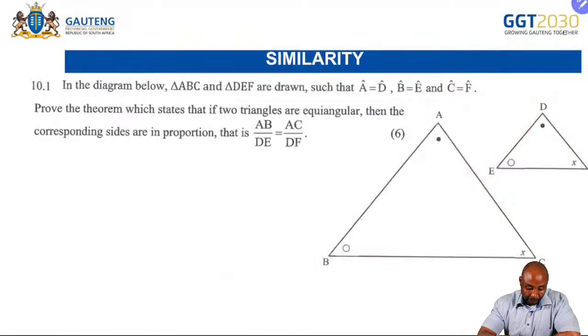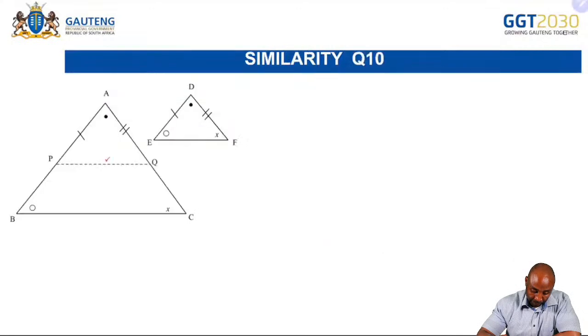The last theorem. For this theorem, you are given that the two triangles have equal angles. We have to prove that the two triangles are similar, and we have to prove that the angles are equal. Then we are able to use the proportionality theorem.